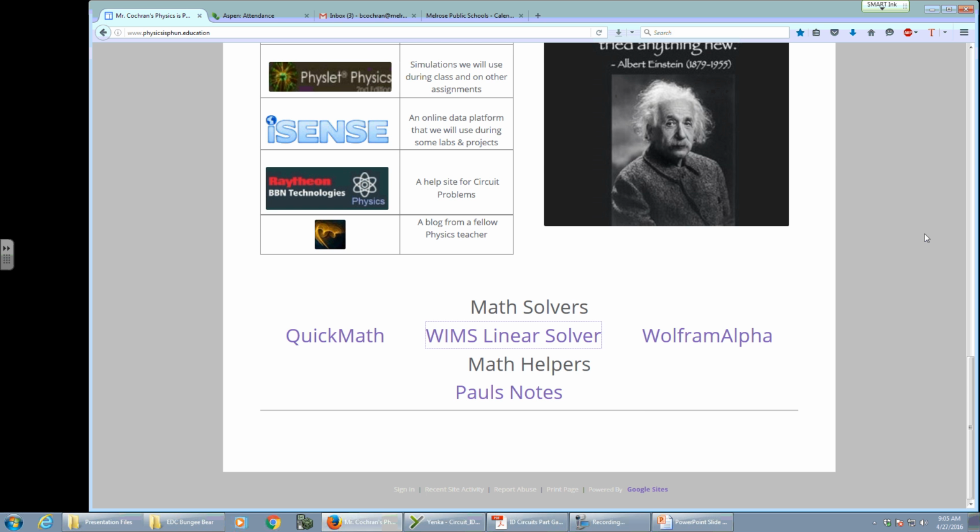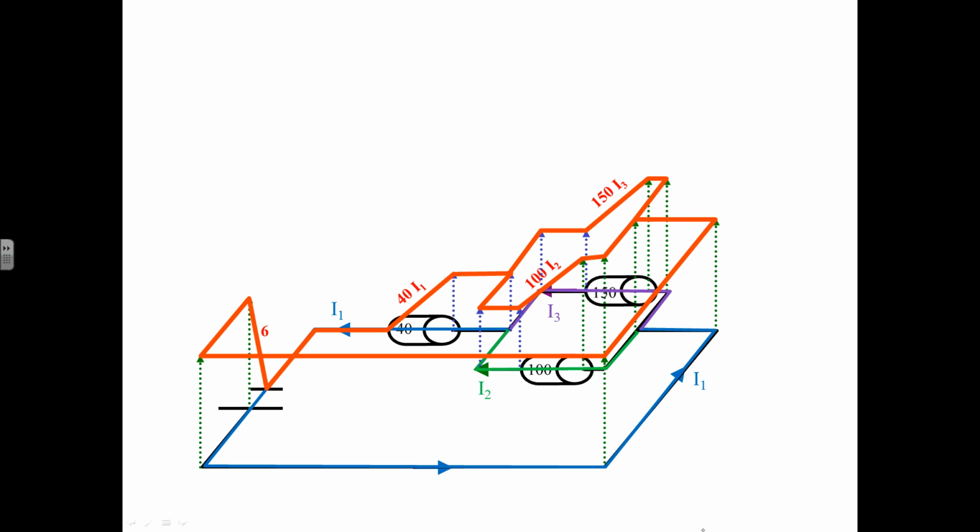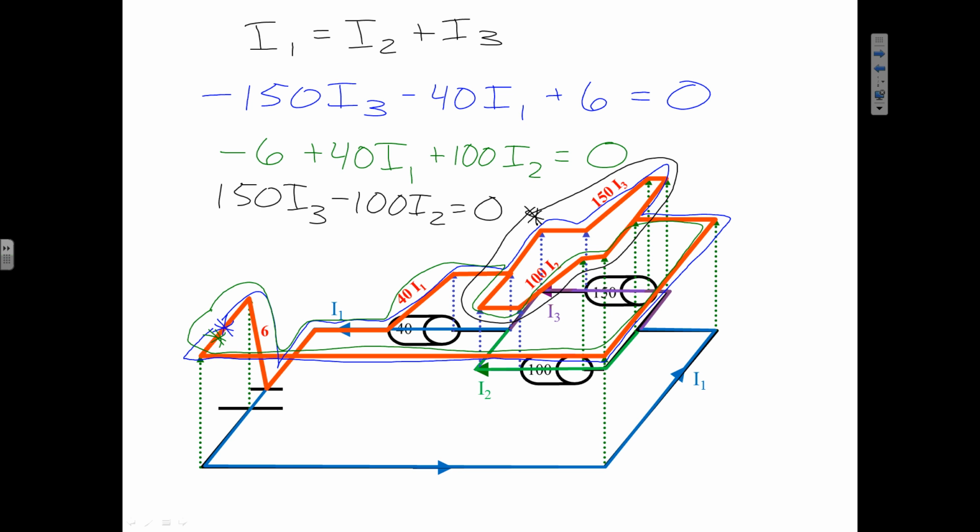One suggestion I'm going to make, though, is that rather than using the I1, I2, I3, that you use regular alphanumeric characters like A, B, C. Avoid E and avoid I, because E and I have special meanings, right? So I would suggest rather than having I1 equals I2 plus I3, you have like A equals B plus C.